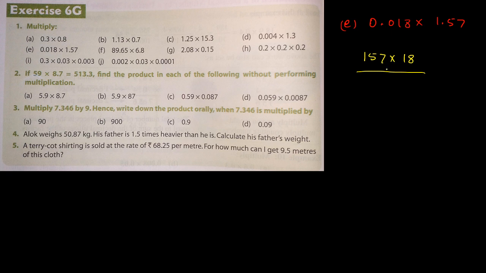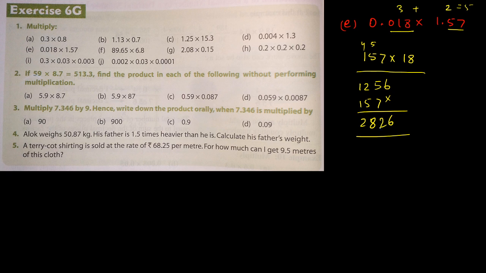8 5s, 8 sevens are 56, 5 carry. 8 fives are 40 plus 5, 45, 4 carry. 8 ones are 8 plus 4, 12. Multiply 157. So 6, 12, 1 carry, 5 plus 2, 7 plus 1, 8 and 1, 1 2. Now here you have a decimal after 2 digits, here after 3 digits. So 2 plus 3, 5.